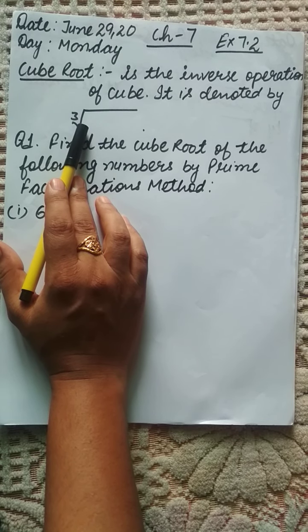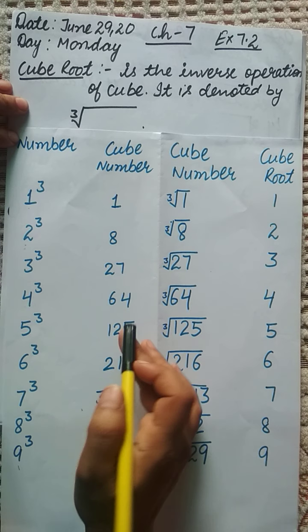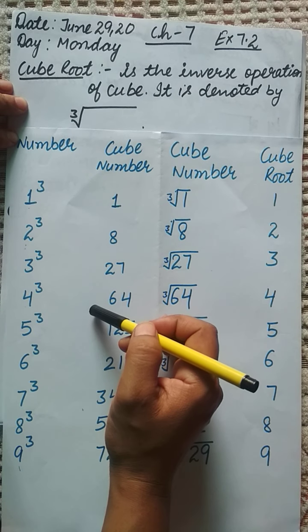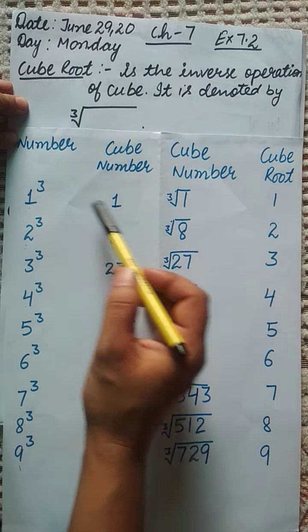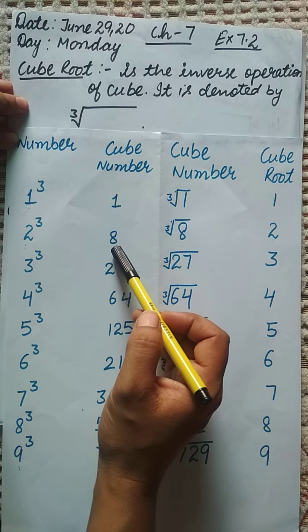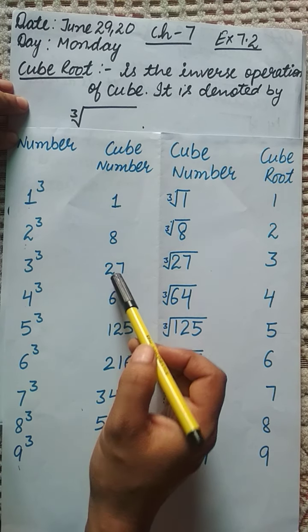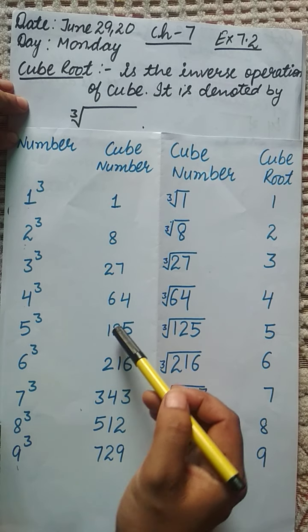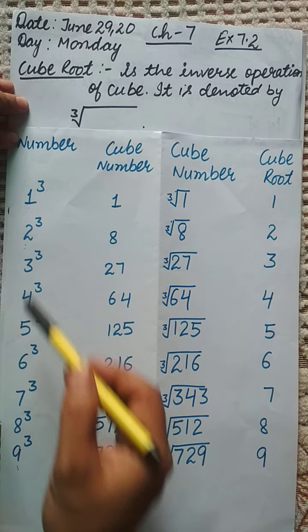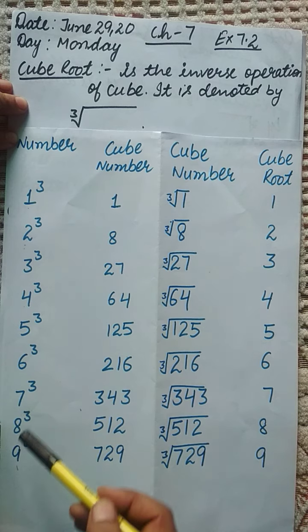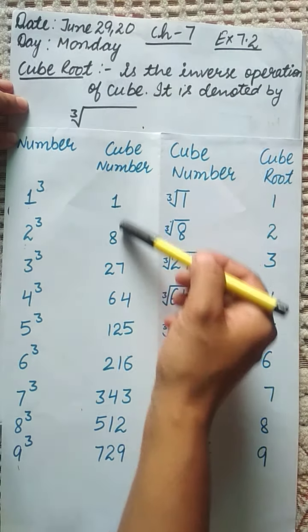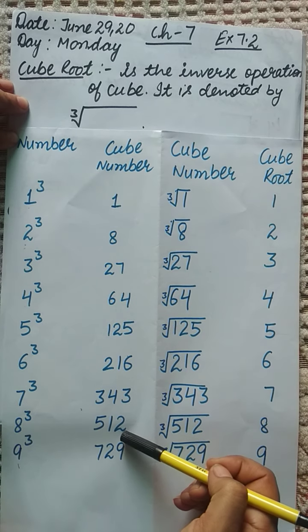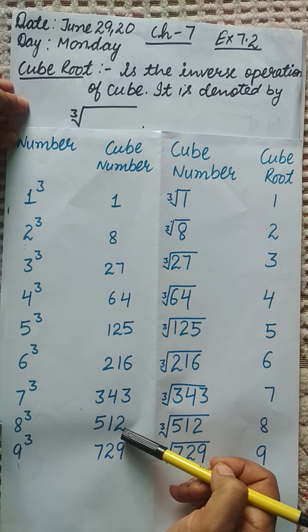Now, yes students, as you did the topic of cube, how to find out the cube, here I have written cube of 1 is 1, cube of 2 is 8, cube of 3 is 27, cube of 4 is 64. In this way I have written the cubes of the numbers starting from 1 to 9, you can see from here. And these are the numbers which are called the cube numbers, or we can say that the perfect cubes.